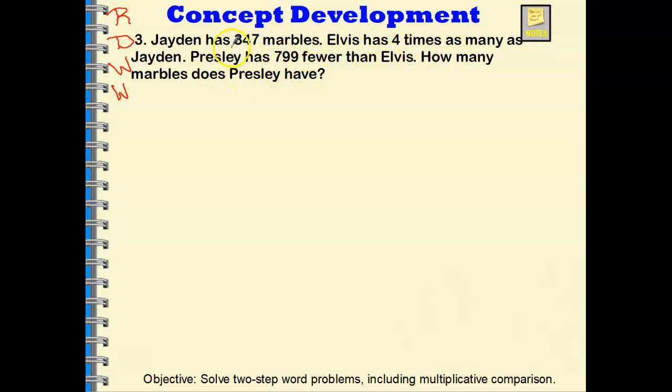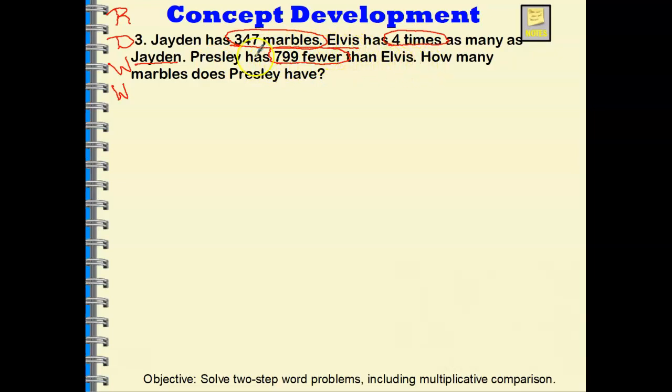The only person that I know how many marbles they have is Jaden. Right here it tells me that Jaden has 347 marbles. Elvis has 4 times as many as Jaden. So who has more, Elvis or Jaden? Elvis, of course. Jaden has 347, and Elvis has 4 times that. Now, Presley has 799 fewer than Elvis.